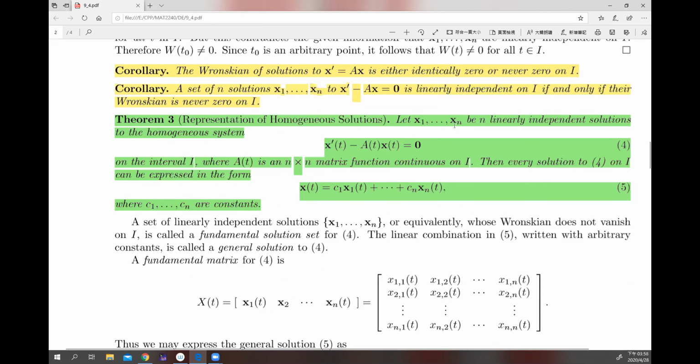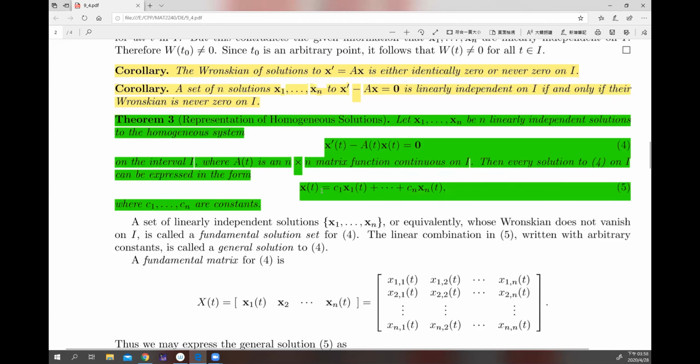So if x1 to xn are linearly independent solutions, then the general solution is just a linear combination of x1 to xn with some constants c1 to cn. So instead of having just functions, here we have a vector of functions. It's kind of the same idea as in the first order linear differential equation.